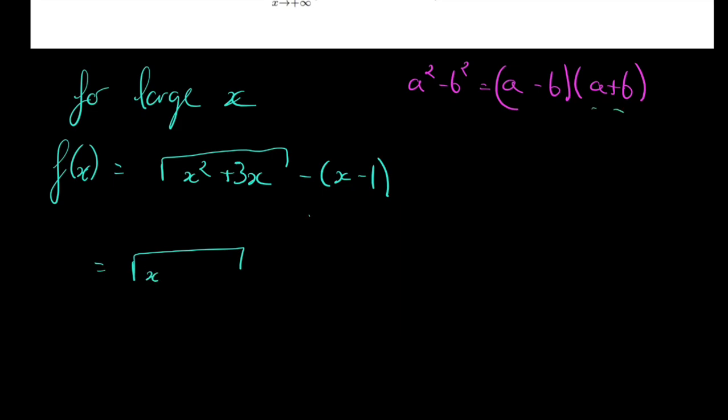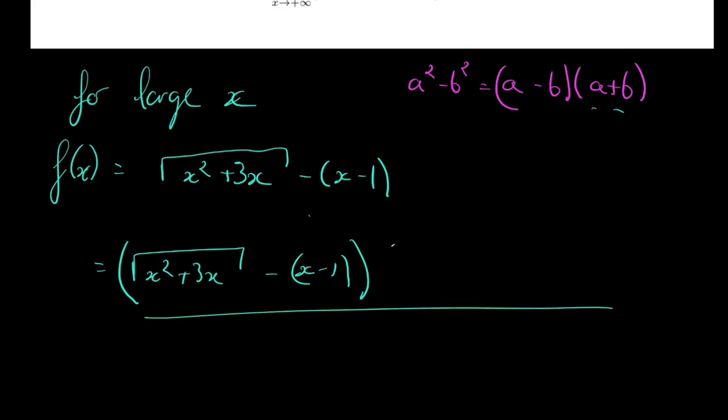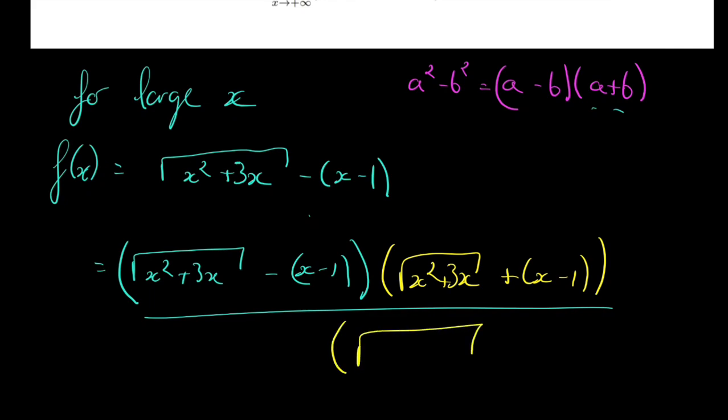So here I have the square root of x squared plus 3x minus x minus 1 times its complement, which is the square root of x squared plus 3x, a plus b, plus x minus 1. Perfect. And I have to do the same thing at the bottom as well, to be just multiplying by 1 and to not change anything: the square root of x squared plus 3x plus x minus 1.